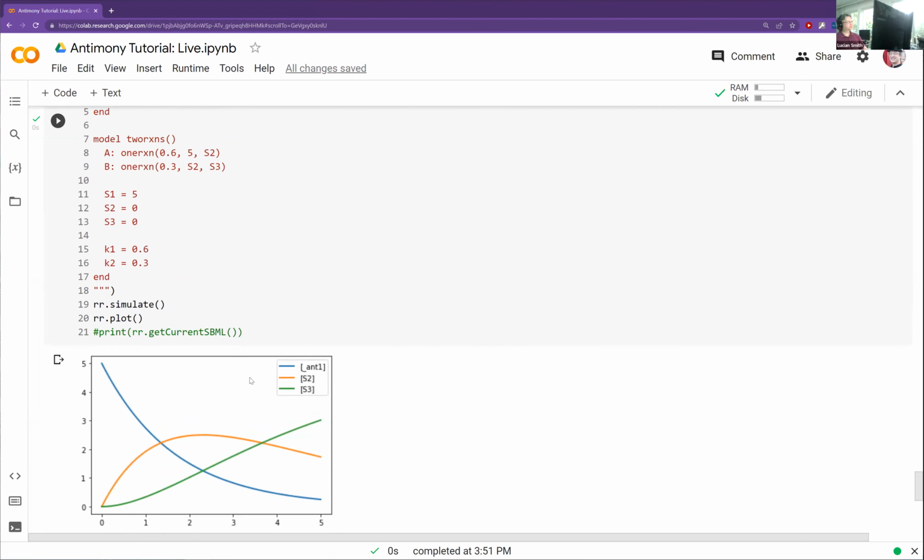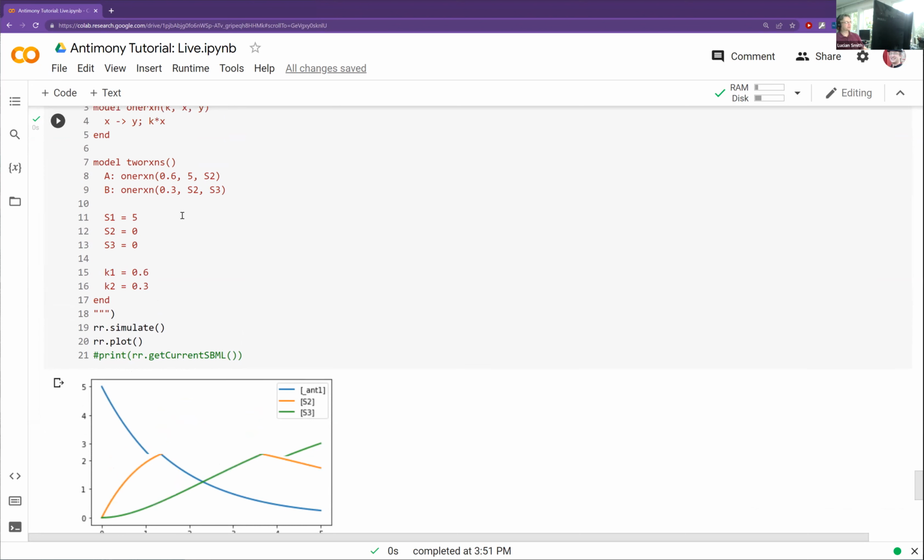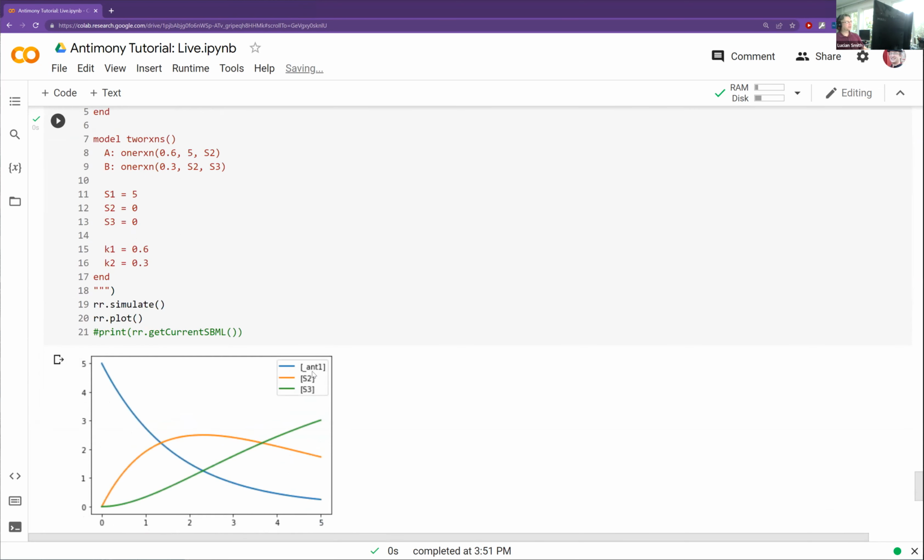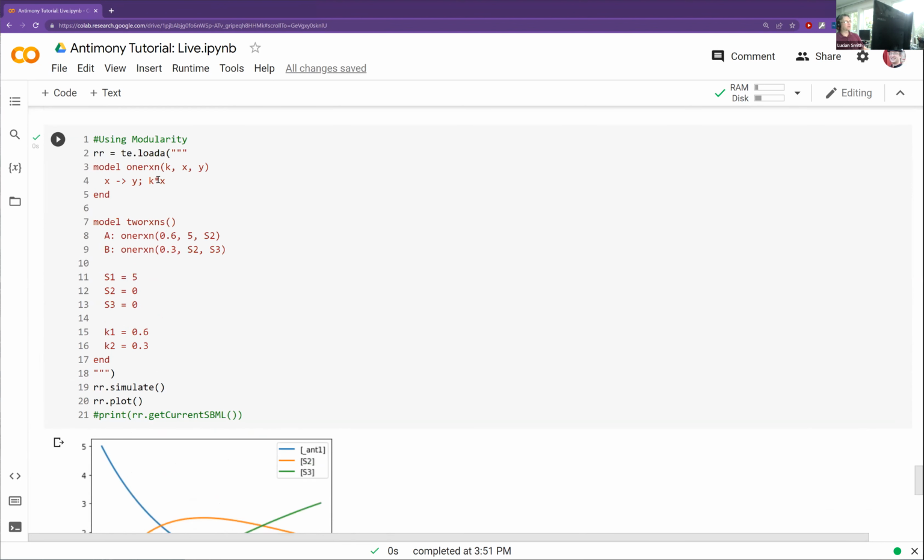All right, hey. So I set S1 to 5, but I didn't need to because there is nothing called S1 anymore. It made a temporary variable, underscore ant1, that is that first reaction, and just gave it a value of 5 and then proceeded from there.